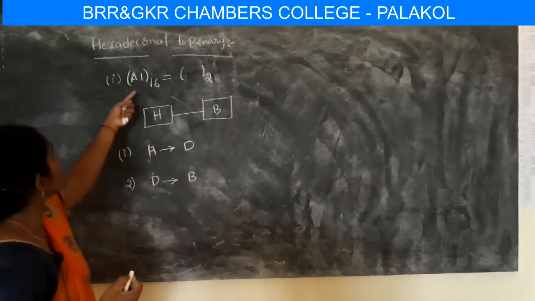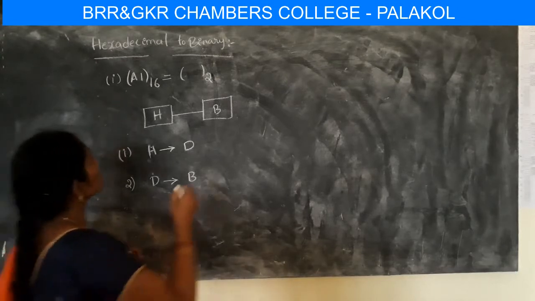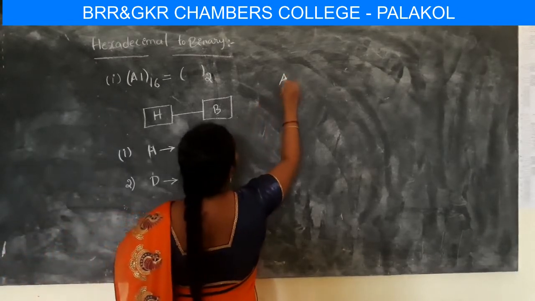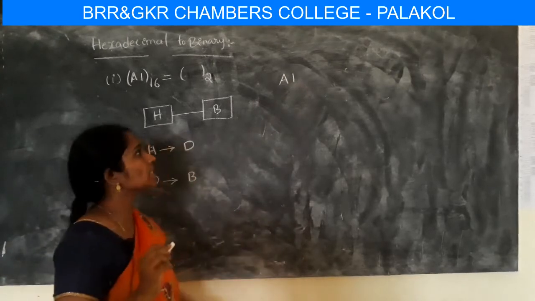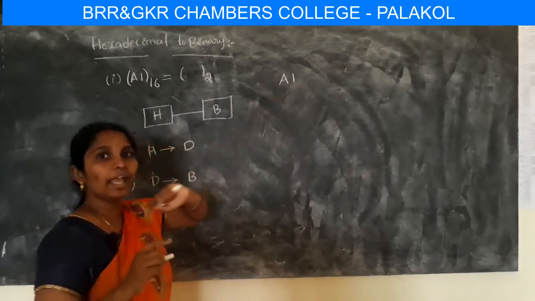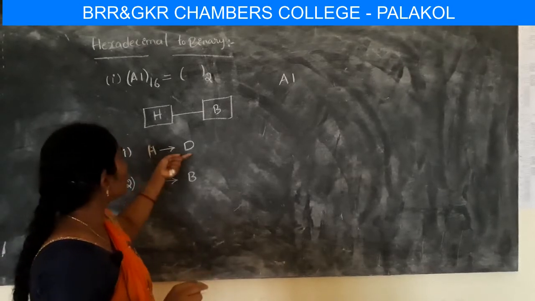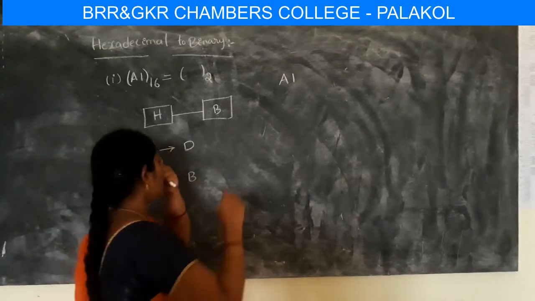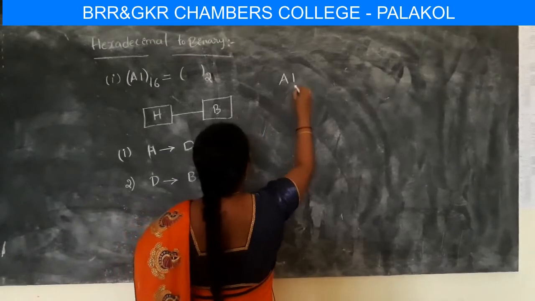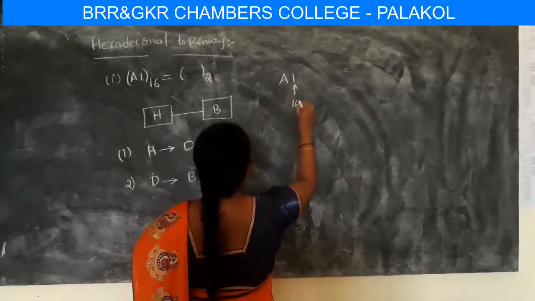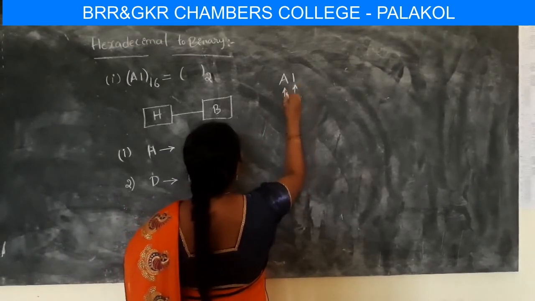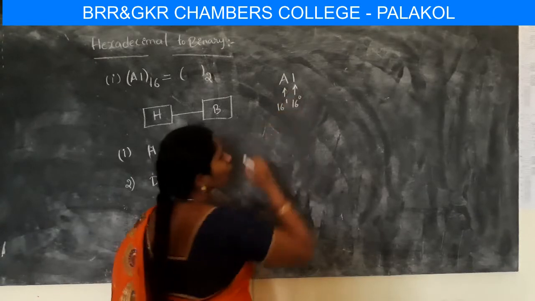For the given problem, A1 is a hexadecimal value. This hexadecimal value is converted into decimal. So here this is 16 power 0 and this is 16 power 1.